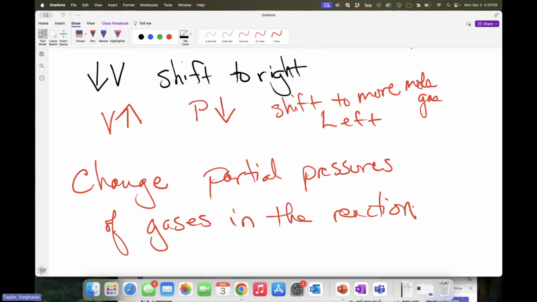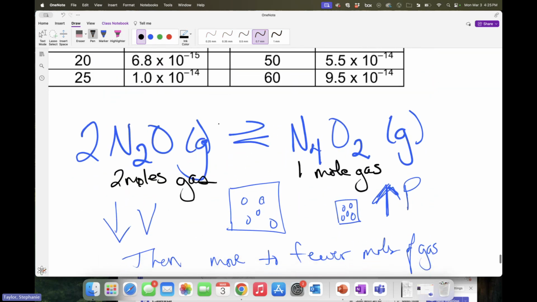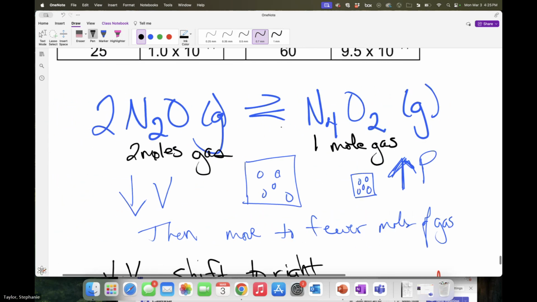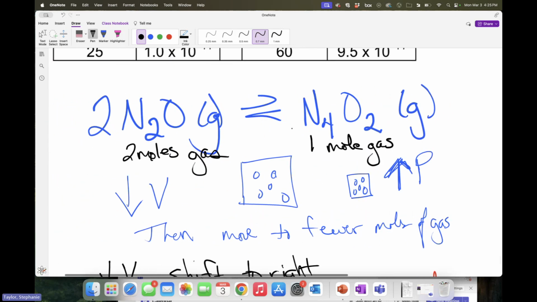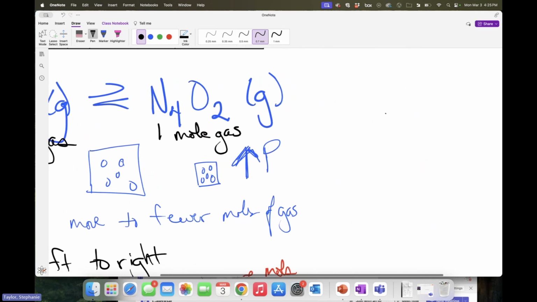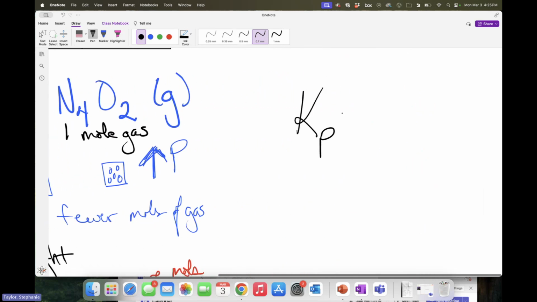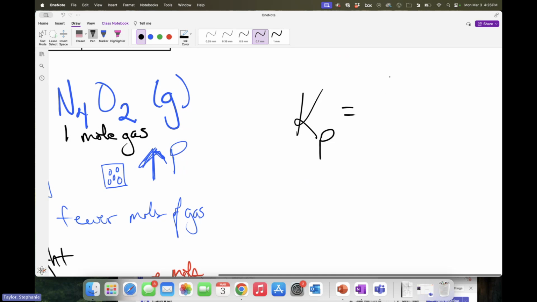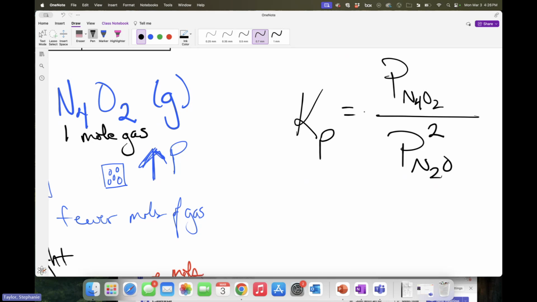Because changing the volume really affects Q again. Changing the volume actually affects Q. Because what has really happened here is, I'm going to get my reaction correct. When I'm thinking about this reaction, I am in fact thinking about changing my value. So I have a value of K where it's the partial pressure of N2O4 divided by the partial pressure of NO2 squared.